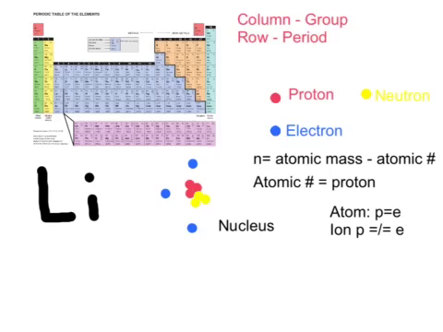The atomic number, as I said before, is the same as the number of protons. But for electrons, we have to identify whether it is an atom or an ion. For atoms, the protons and electrons are the same number, but for ions, the protons and electrons are not the same.